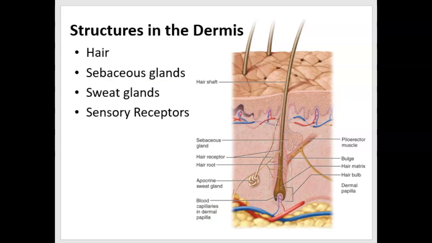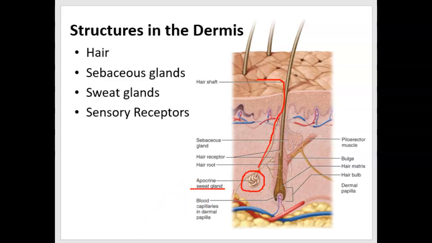Sometimes sweat glands are also associated with the hair follicle. So this is a picture of a sweat gland right here that has a duct that leads up to the hair follicle and again the surface of the skin. And obviously you know what sweat makes.